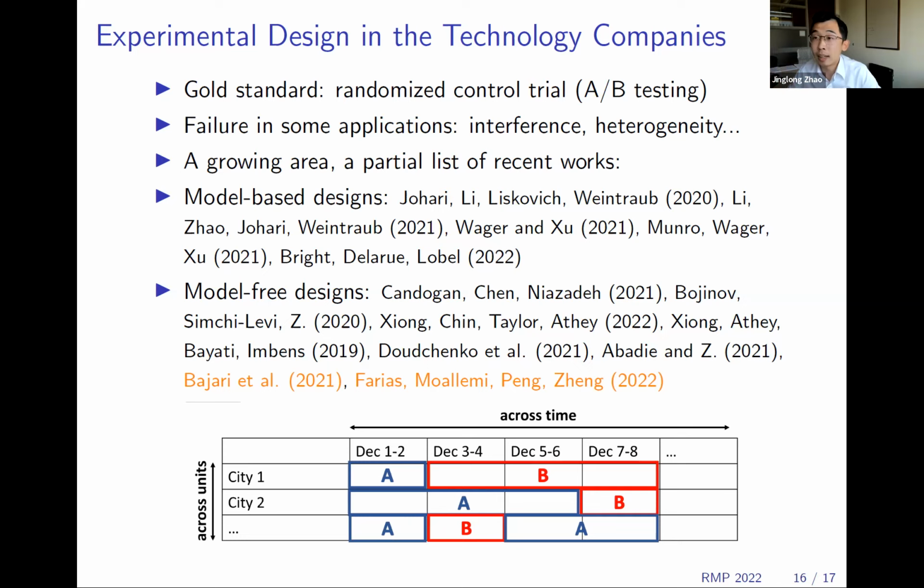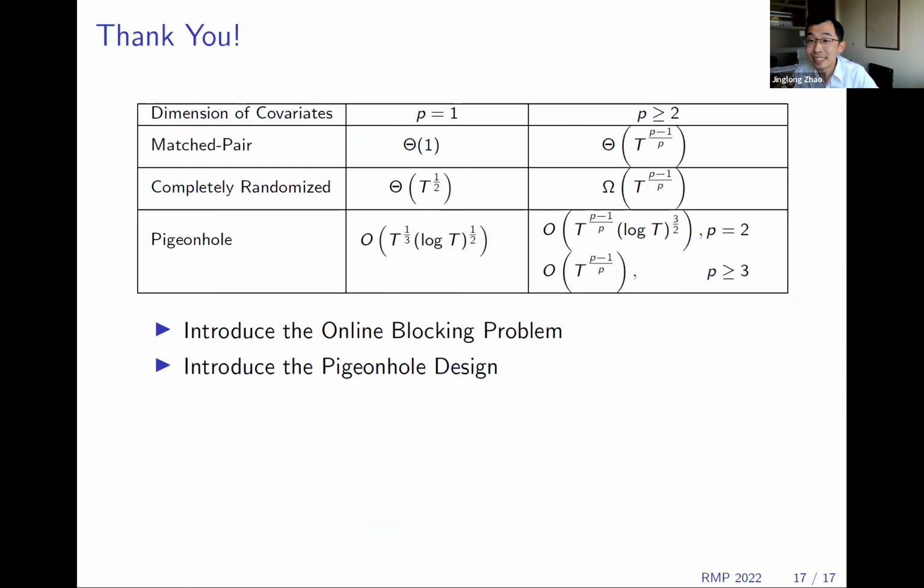So again, these are all recent works. As you can see, the times are all recent. So this is a growing area, and I'd love to chat more after this talk. So thanks for your attention.